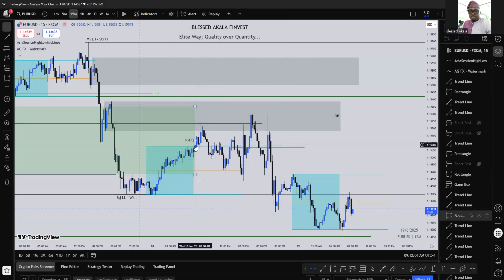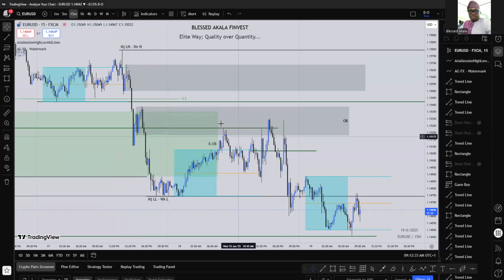As a matter of fact, I was hoping that the news is just going to come in and we continue to move downward. But sometimes, just like my strategy states, the market is doing two things: taking liquidity, both external and internal, and at the same time rebalancing an imbalance within any price action movement.